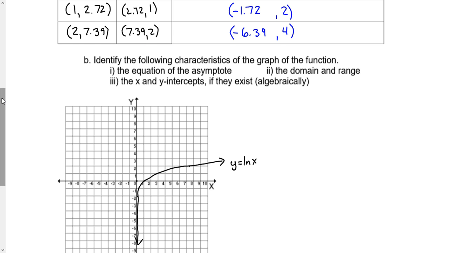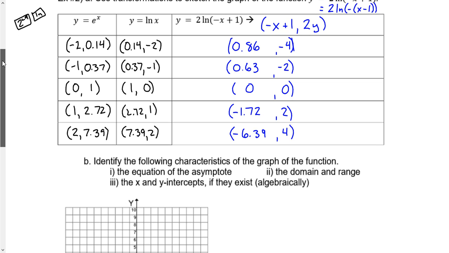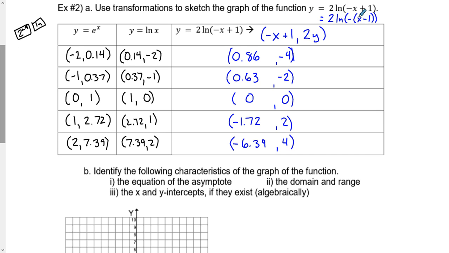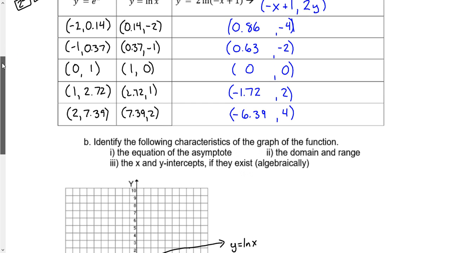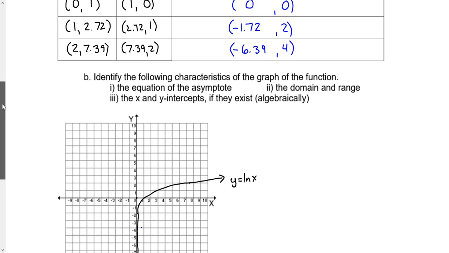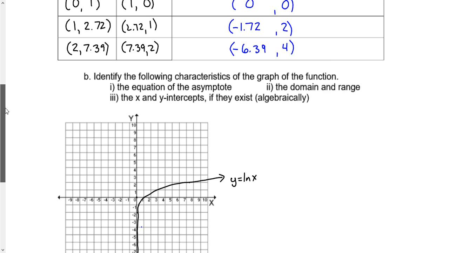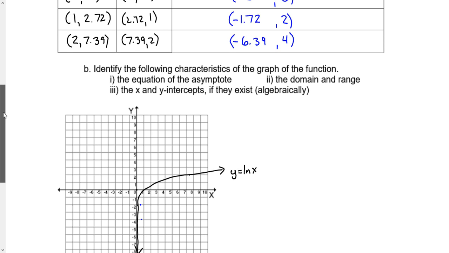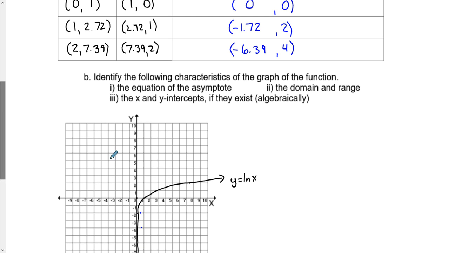If we do the 2 ln of negative x plus 1, which would be 2 ln of negative bracket x minus 1, we're going to do these points. So 0.86, negative 4. 0.63, negative 2. 0, 0.